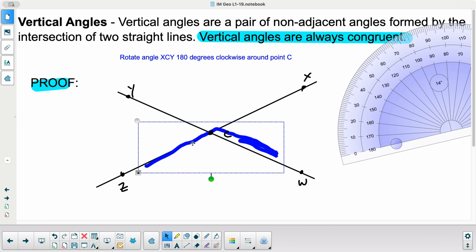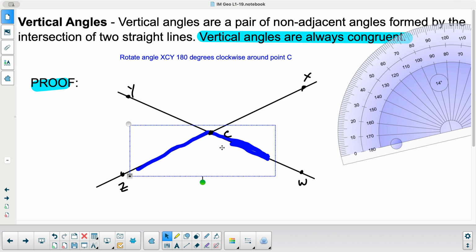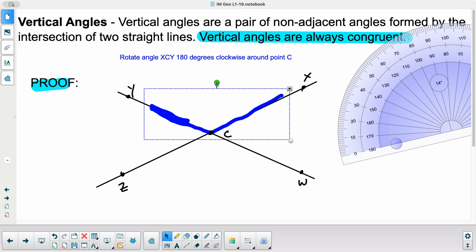Now, pardon my thing, it won't let me change the center. It's going to rotate, and there you go. All right, it goes down there. And if you think about it, this X, 180 degrees, comes over here somewhere on the line. Okay, and this Y, I guess I went the wrong way. Clockwise would be this way. I guess it doesn't matter if you're going 180, which direction you go.